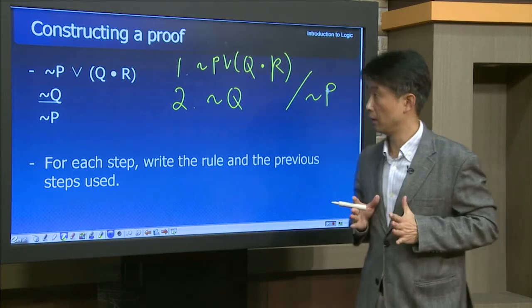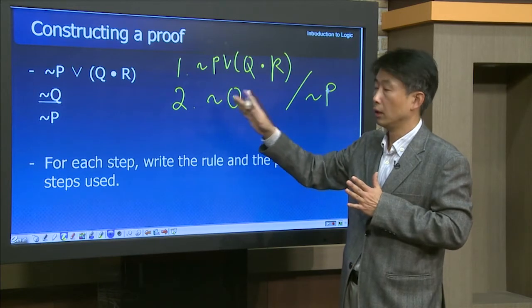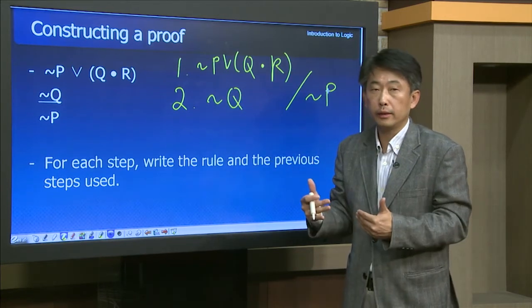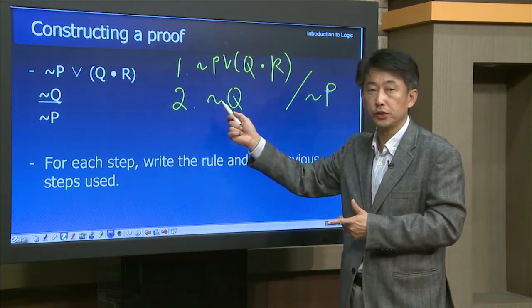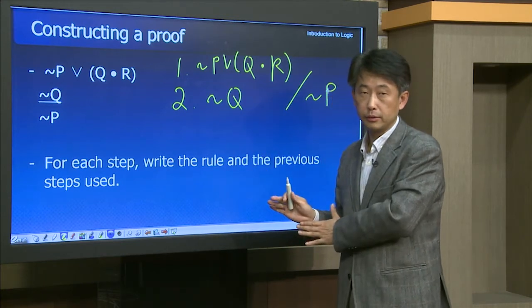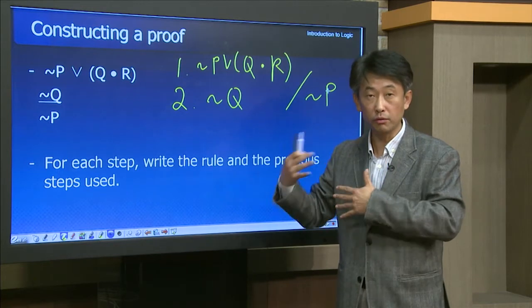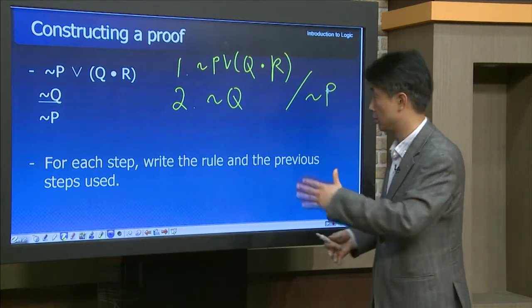So the starting point is these two. The goal is I'm going to show that we can start from these two premises and construct intermediate steps only by using the rules that have been introduced so far, and we will finally reach the conclusion.